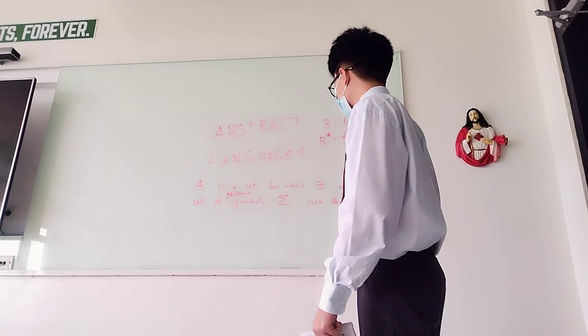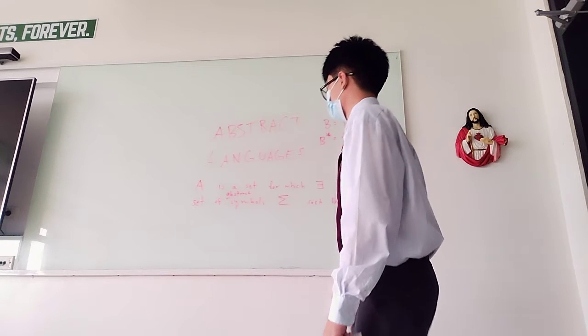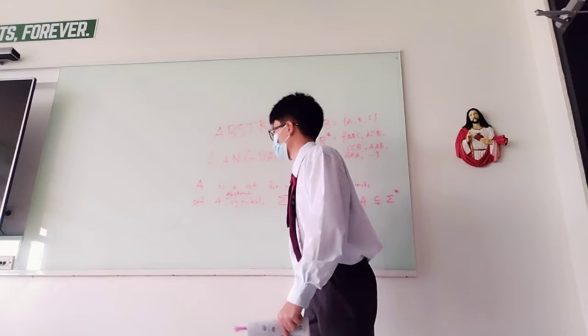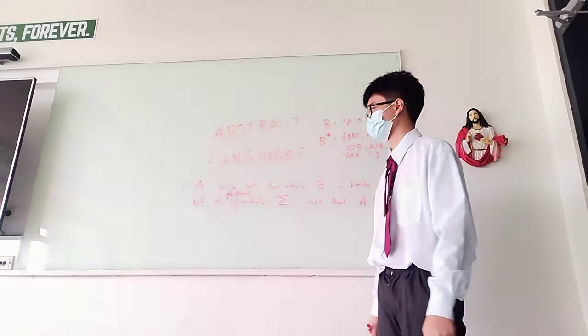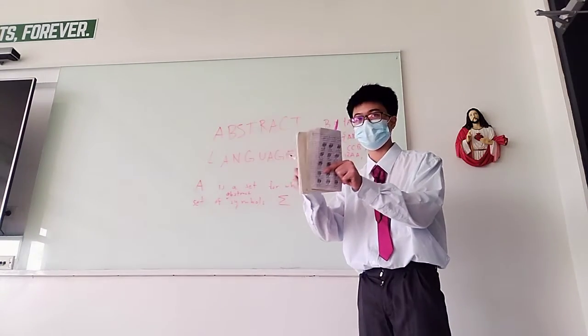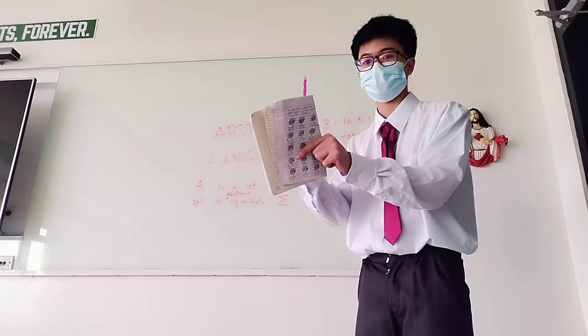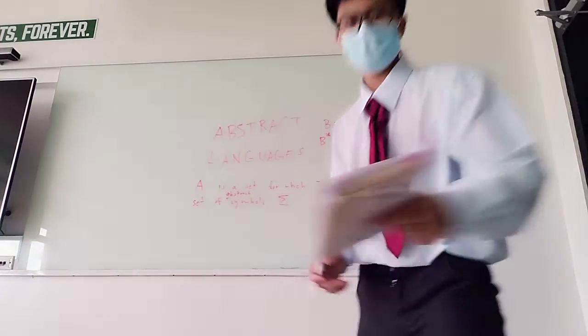And when we say word, it's not entirely literally a word like this word over here, but rather a string of symbols. So we literally put the symbols next to each other, and that forms a word in mathematics.